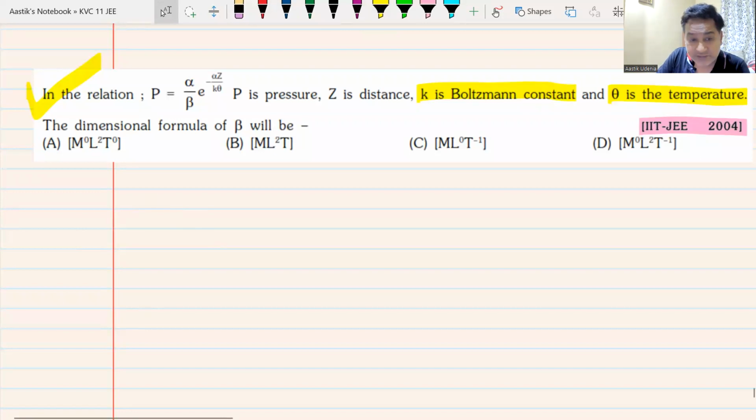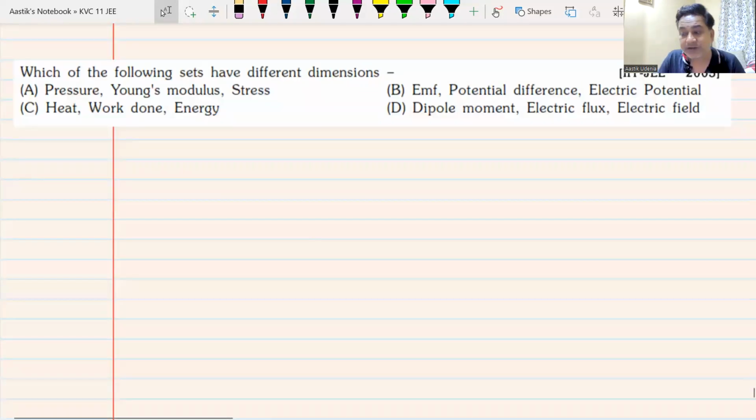Right now we cannot solve this question because those terms are not known. That is the problem with most of the questions. Most questions from previous year JEE will have the entire curriculum of 11th and 12th, and we cannot expect them to have just one MLT.